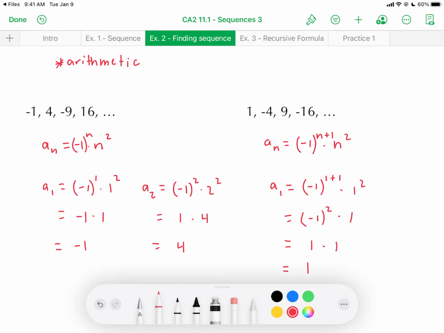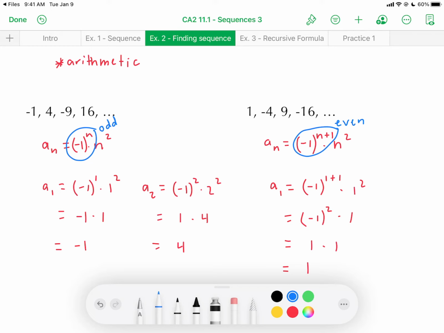Okay? So again, this is very common with sequences for us to change the sign on every other term. So don't overcomplicate this. If it's the odd numbered terms that have a negative to them, you're going to do -1 to the power of n. If it's the even numbered terms that have a negative to them, you're going to do -1 to the power of n plus 1.